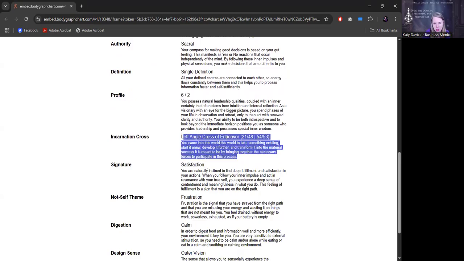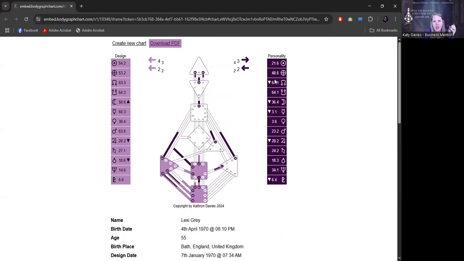But this incarnation cross, you'll see there are 4 numbers here: 21, 48, 54, 53. That is showing you these top 4 planets: your conscious sun and earth, your unconscious sun and earth. Because everything has a hierarchy, the planets also have a hierarchy of how much influence they have over your design.